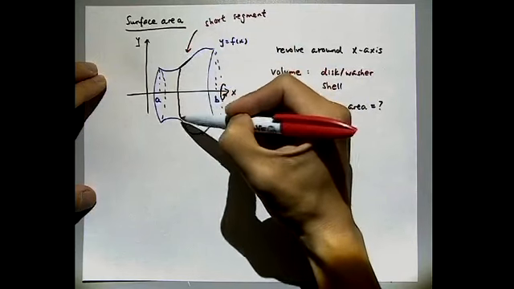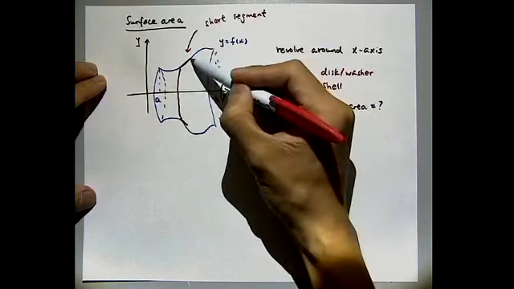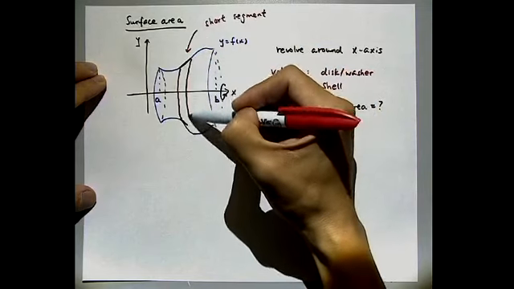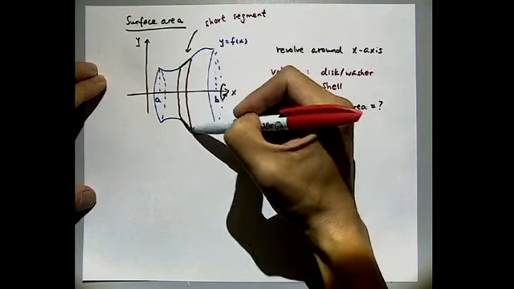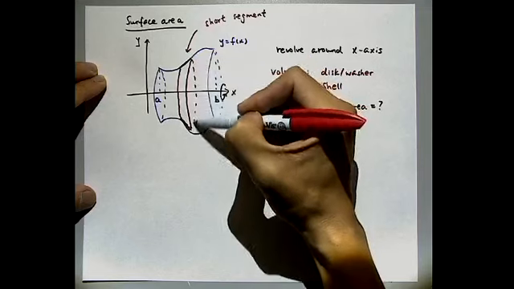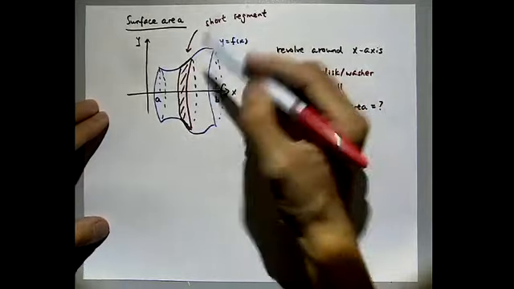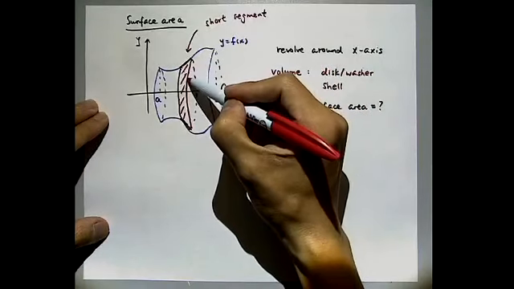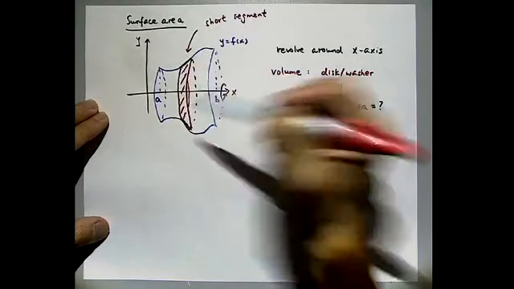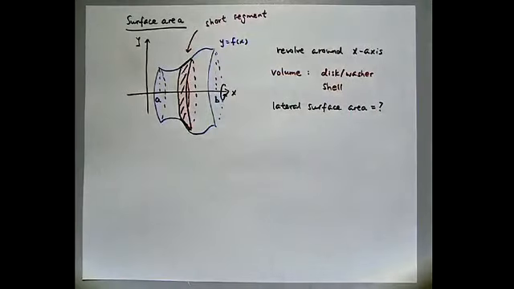And if I revolve just that short segment here, so just a very short segment, what do you end up getting?